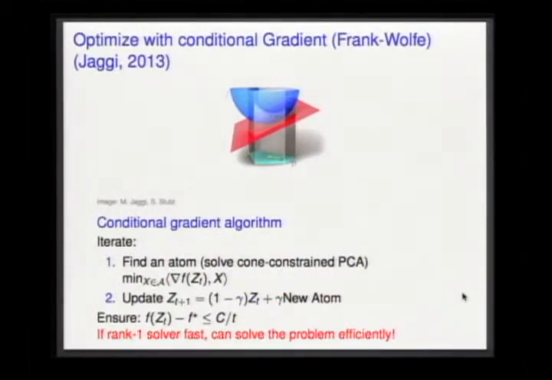There are several good things about these norms. For instance, if you want to estimate an element which can be written as a linear combination of a few atoms, this is the tightest convex relaxation to the problem.